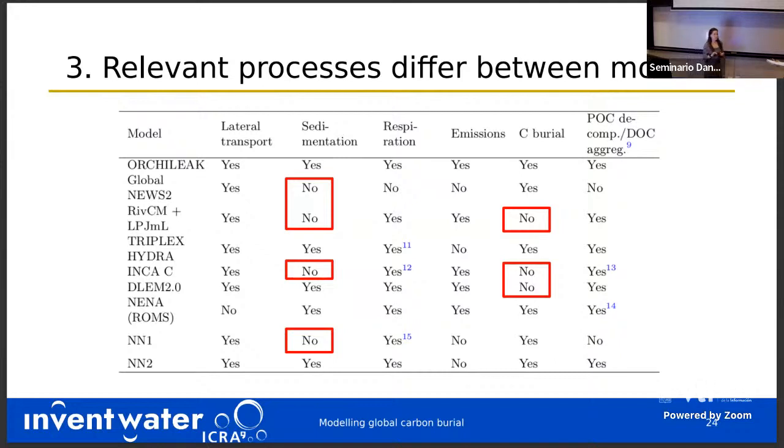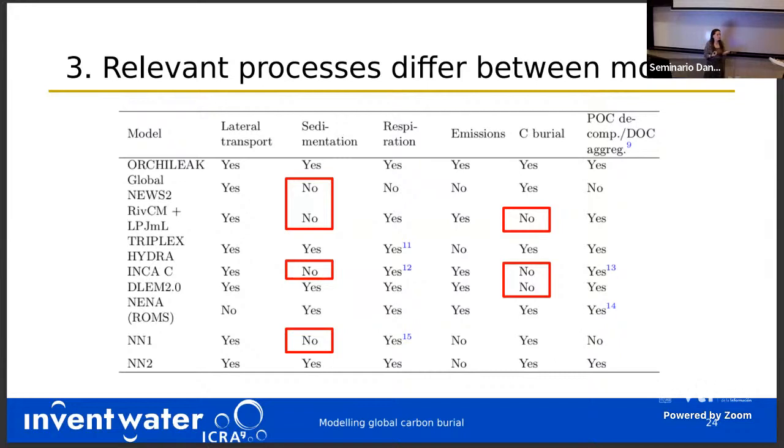Well, talking first about carbon burial, it is very different. Some models or some studies just, for example, consider it as a percentage of what is not needed, or a percentage of how much is received, or they have an empirical model behind. It varies a lot in the assumptions they make.